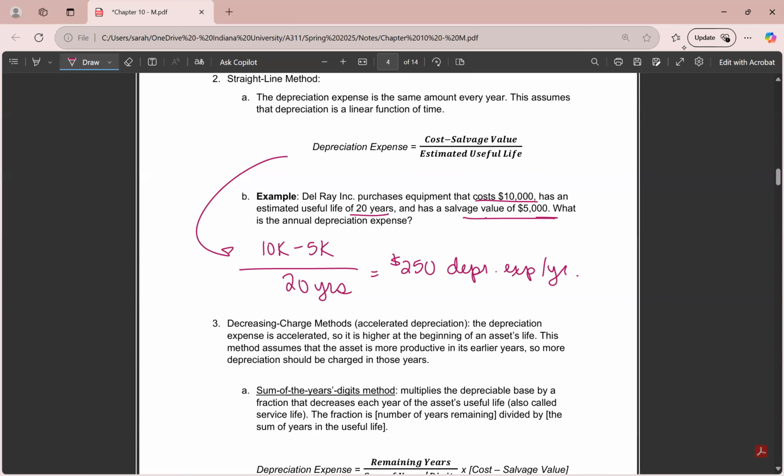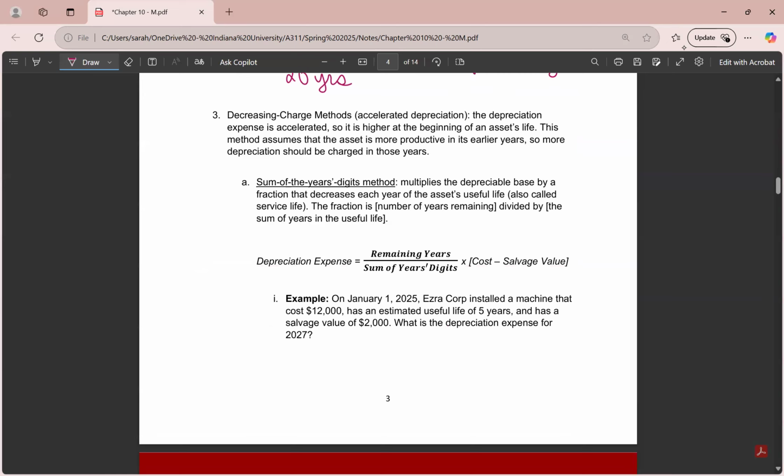Next, we have a decreasing charge method. These are known as accelerated depreciation, and the idea behind this is that you're going to depreciate more early on. So if we have a graph where we say over time, what is the amount of depreciation? It could look something like this, right?